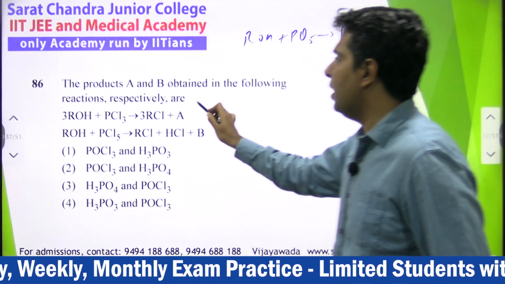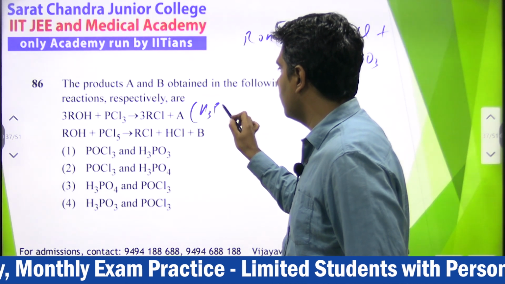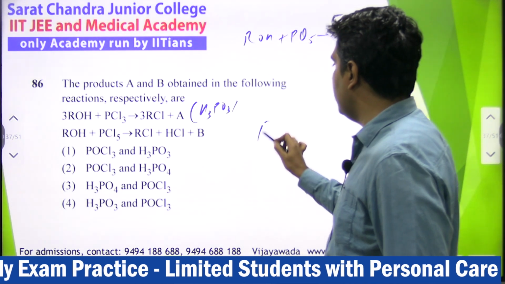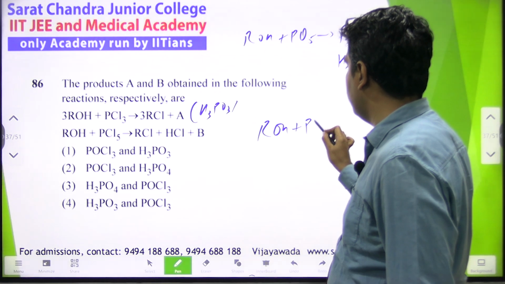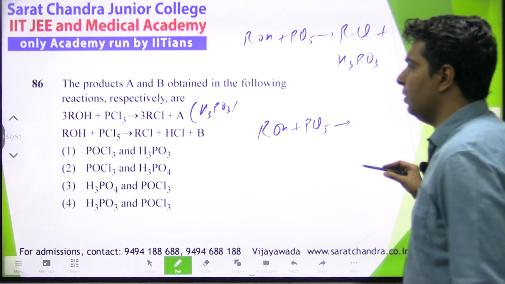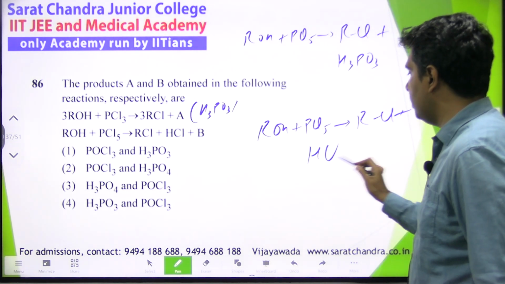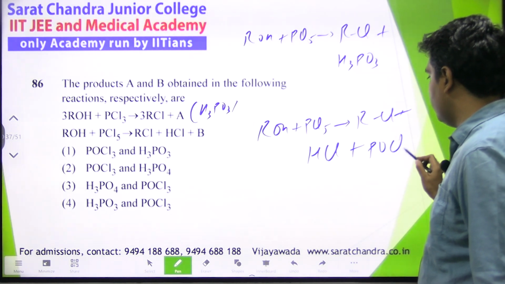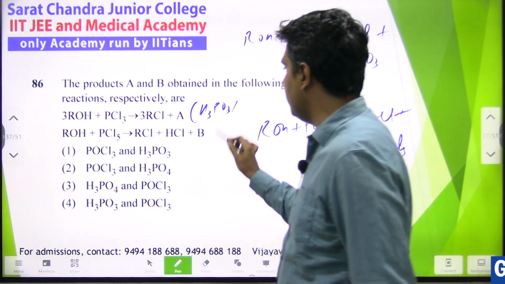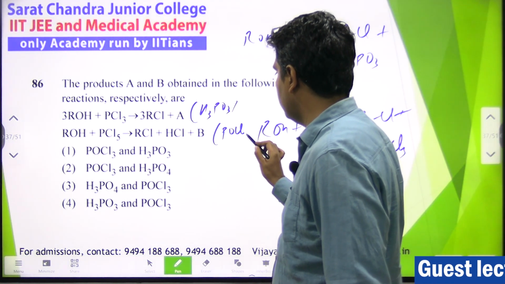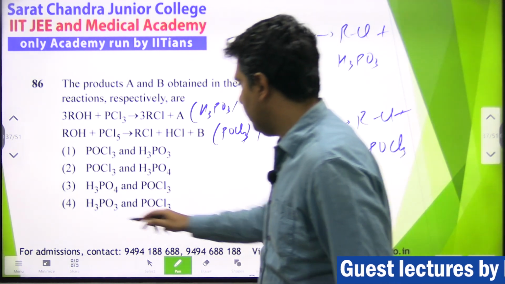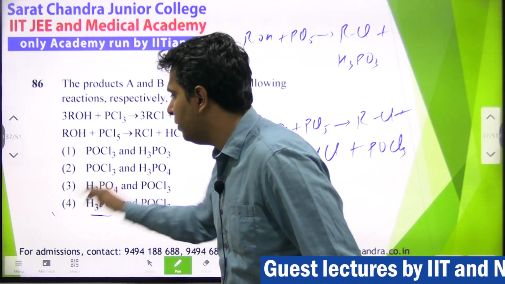So A is nothing but H3PO3, and in the second case when you are using PCl5, then POCl3 will be formed. So alkyl chloride plus HCl plus POCl3 will be formed. So B is nothing but POCl3. So H3PO3 and POCl3. Answer will be fourth option.